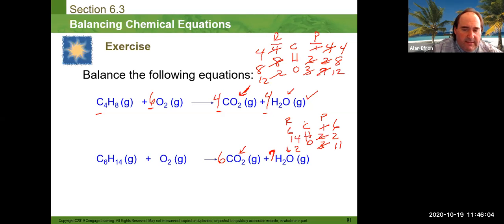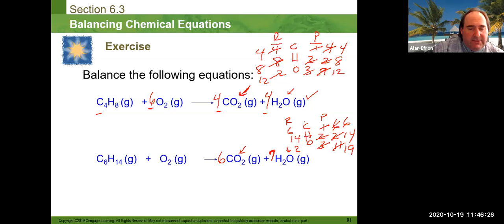7 as our coefficient gives us 6 carbons, 14 hydrogens, which balances that. And now our oxygen is 12 in the first one on the right, and 7 more. 12 and 7 is 19. So we now have everything balanced except for our oxygens.